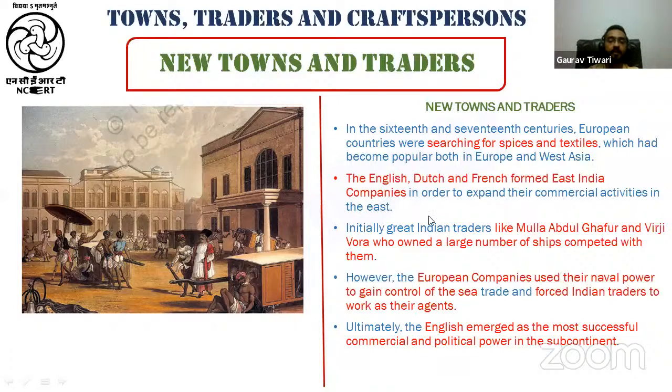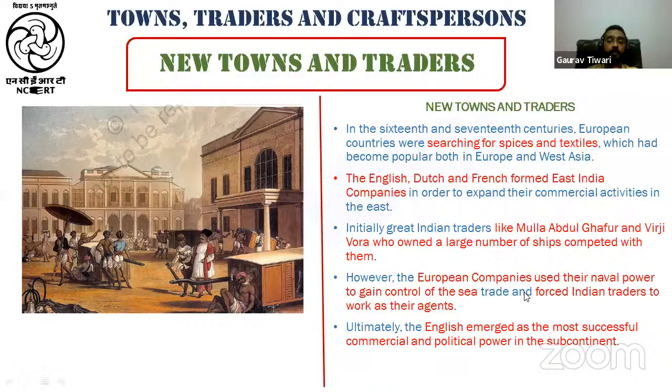Initially, great Indian traders there were Mullah Abdul Ghaffur and Vrijji Vora. ये ऐसे traders थे who owned large ships in India, a large number of ships in India, and they were the prominent traders of India.